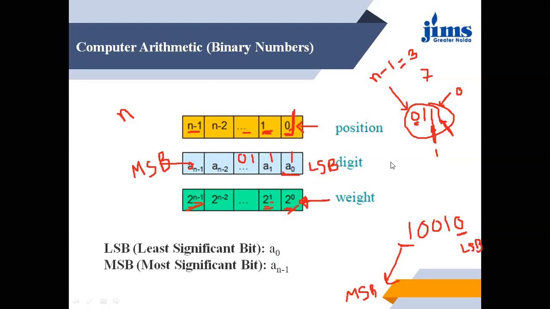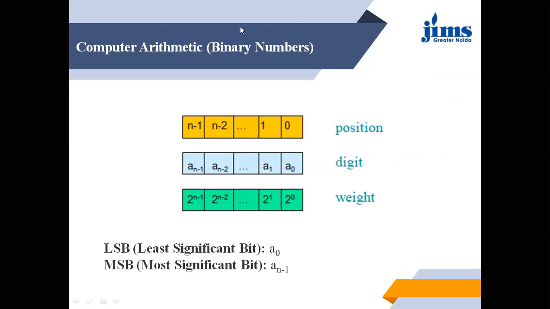This concept should be clear to you now, as we studied this earlier also. So this is the representation of a binary number when we have to find out the weights of the corresponding digits.